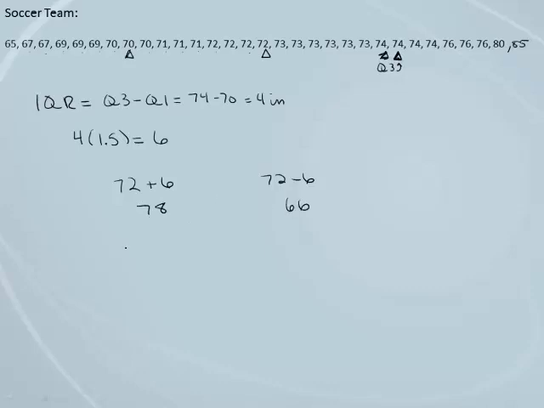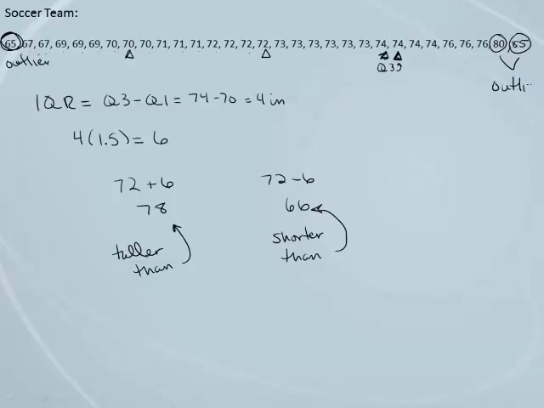So anyone taller than this or shorter than this is an outlier. 65 is an outlier. And then 80 and 85 are both outliers. So in this team, we have 3 outliers.